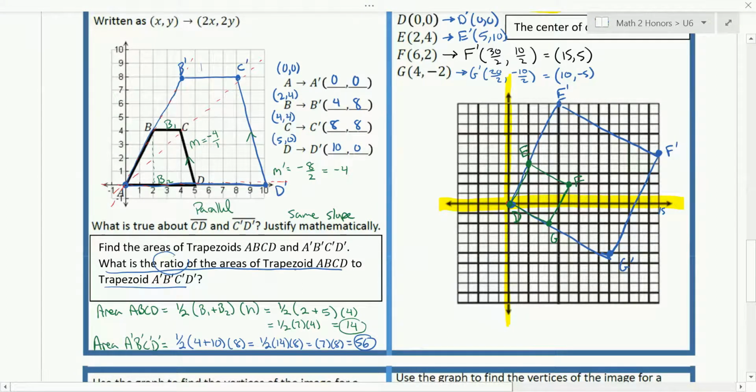The 14, because of the way it says it. So it says the smaller to the bigger, so 14 over 56. Does that reduce? What can I divide those by? 14, and you end up with 1 out of 4. So that's the ratio of the areas. Okay.